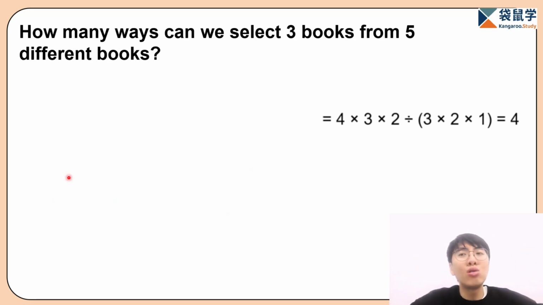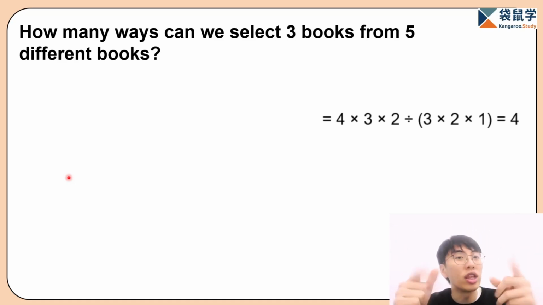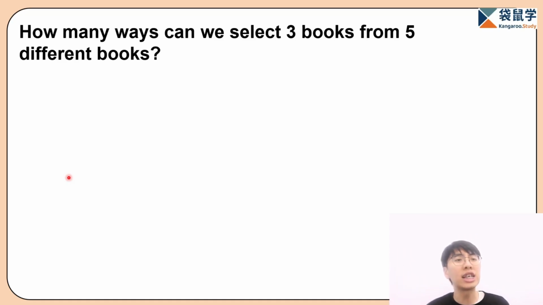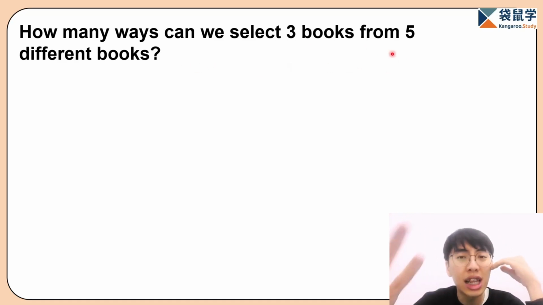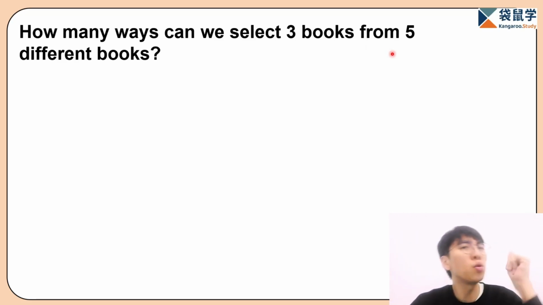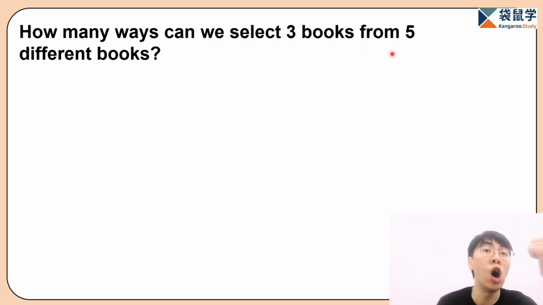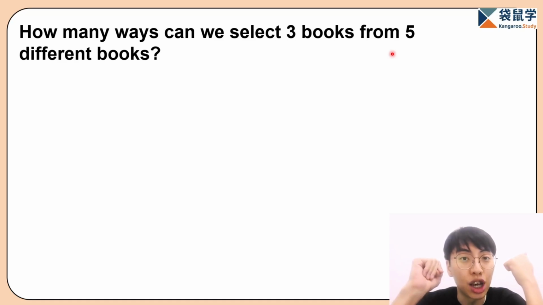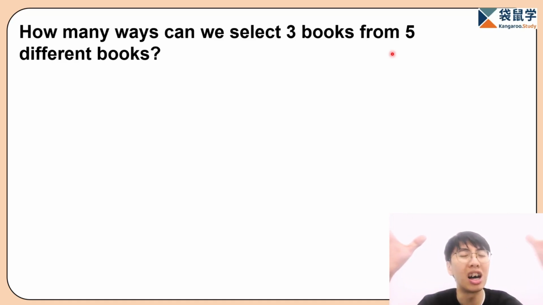Now, if we want to do some quick revision or practice on combination, here it says, how many ways can we select 3 books from 5 different books? Now, when we are selecting these 3 books, do we use permutation or combination? Take a moment to pause and think about this concept.